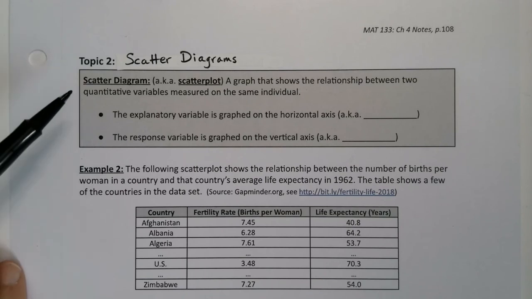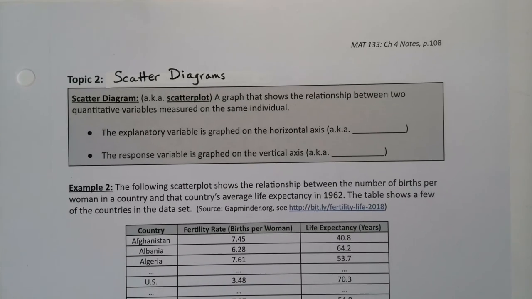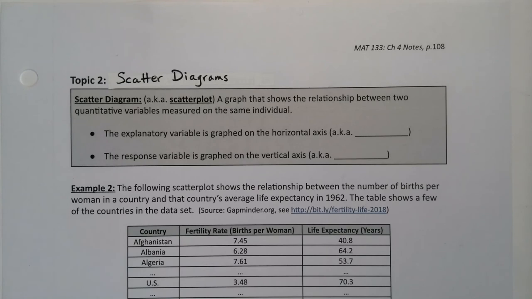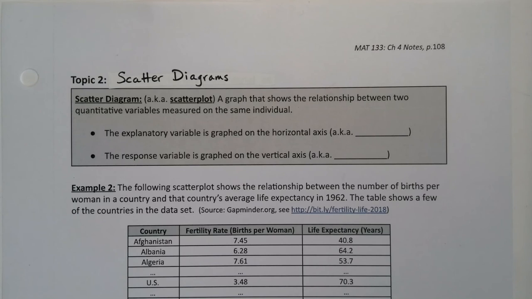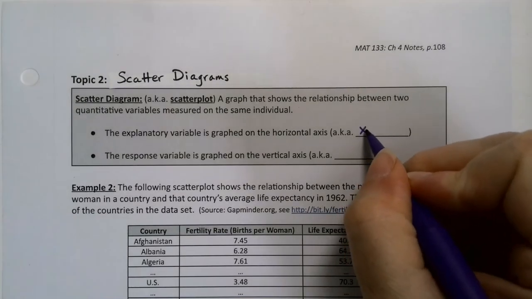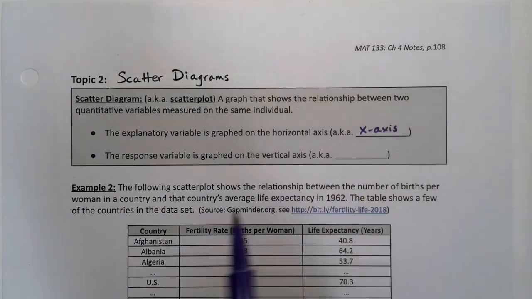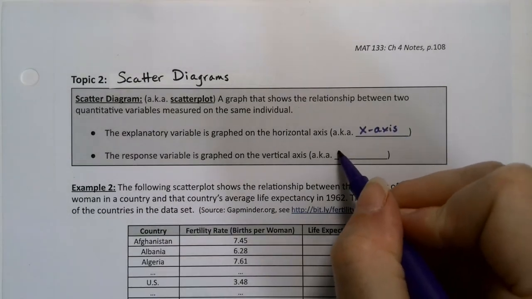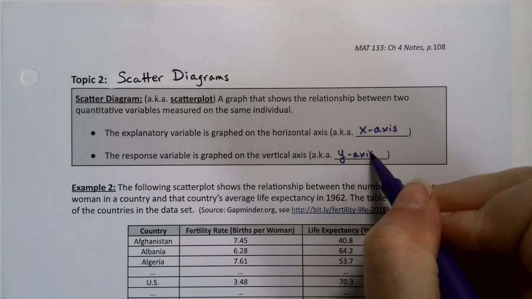So scatter diagrams are a graph that shows the relationship between two quantitative variables measured on the same individual. The explanatory variable is graphed on the horizontal axis, aka the x-axis. And the response variable is graphed on the vertical axis, aka the y-axis.